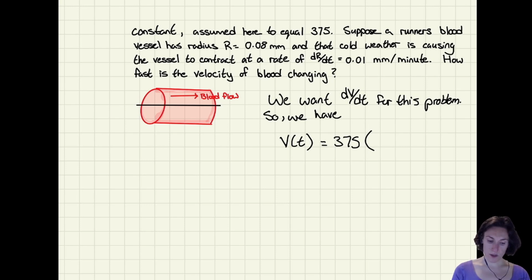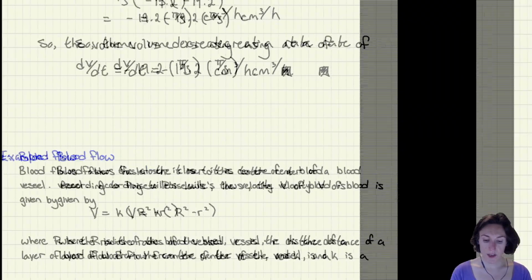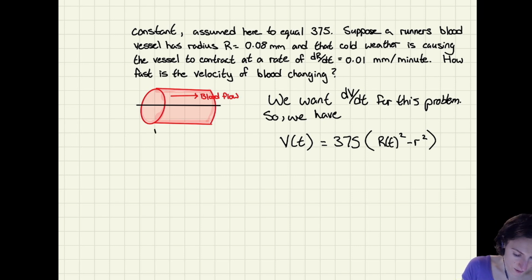We're being told the vessel contracts at a rate of dR/dt. So the capital R is changing with respect to time, but the little r, the distance of a layer of blood from the center, is going to stay the same. So we think about that little r like a constant. Okay, so minus r squared, and we'll put here r is constant.